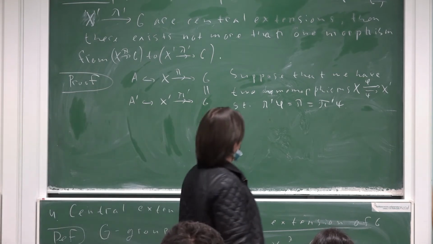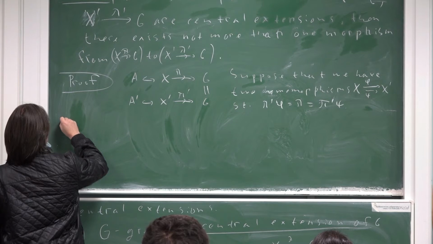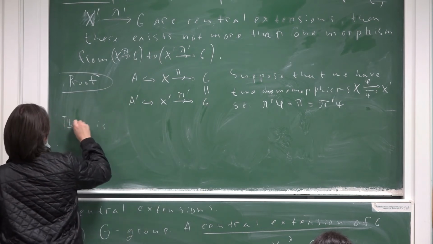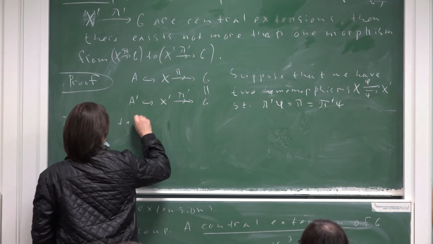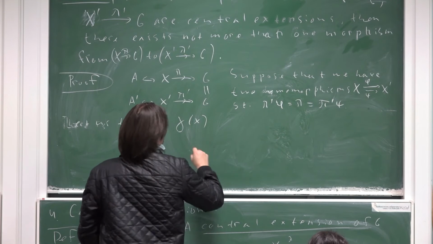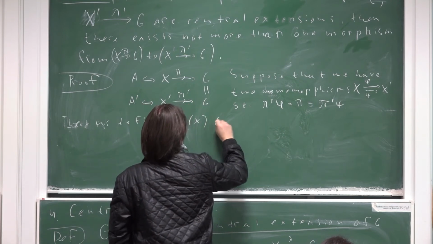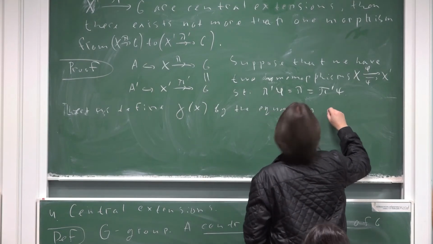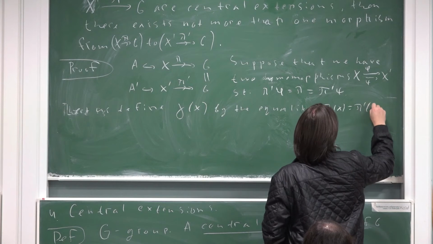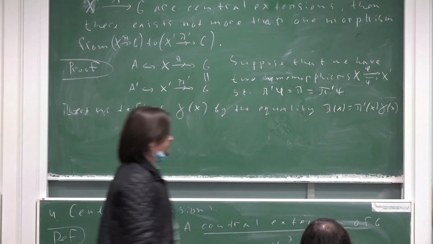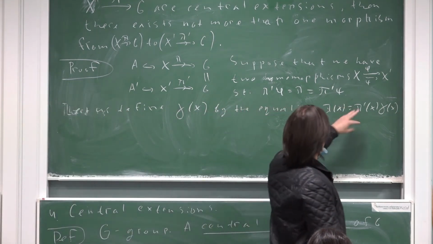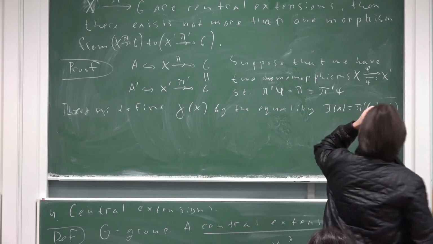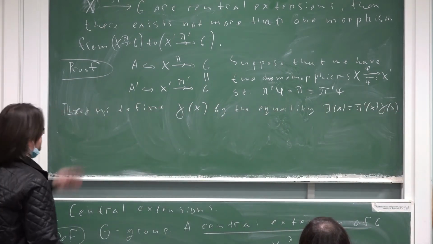Then there is some map gamma, not there is, let us define gamma of X by the equality phi of X is equal to psi of X by gamma of X. Yeah, so gamma of X is something like psi of X inverse multiplied by phi of X. So gamma at this moment is a map from X to X prime.